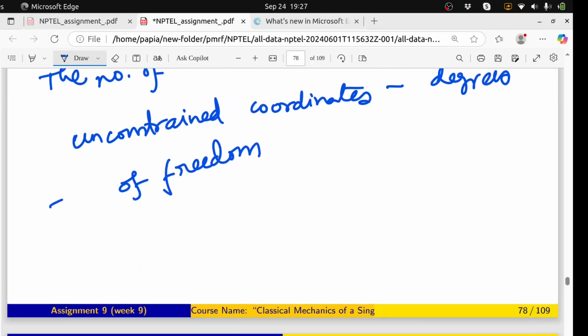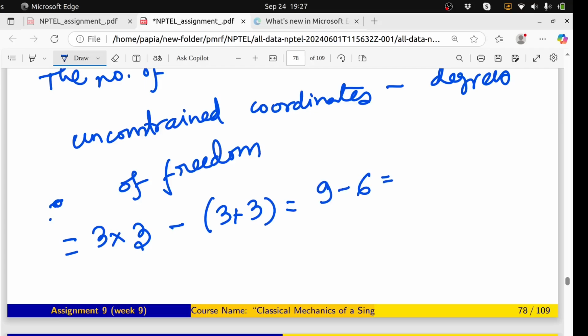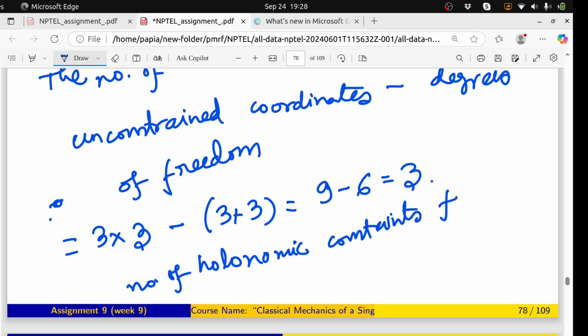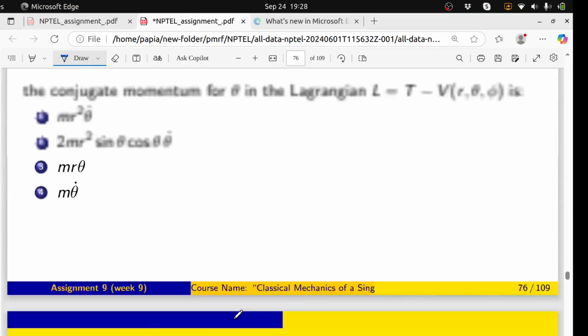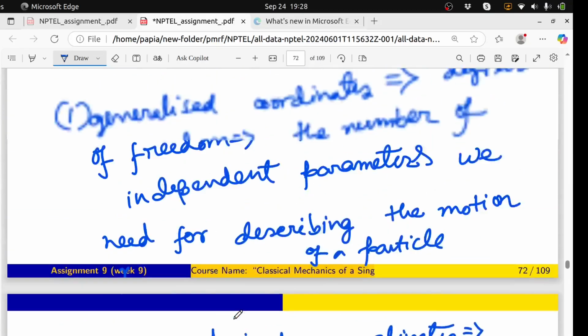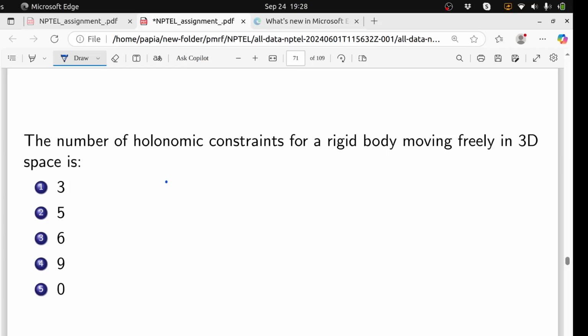The unconstrained coordinates were 3 into 3, minus 3 plus 3. So it is 9 minus 6, which is 3. So the number of holonomic constraints for a rigid body in 3D space is 3.